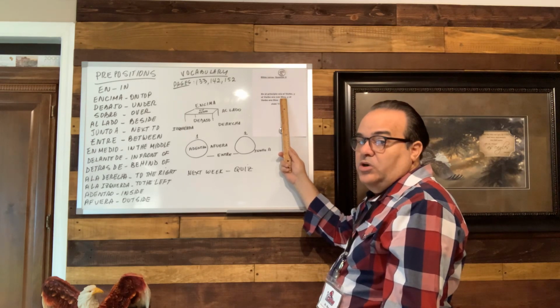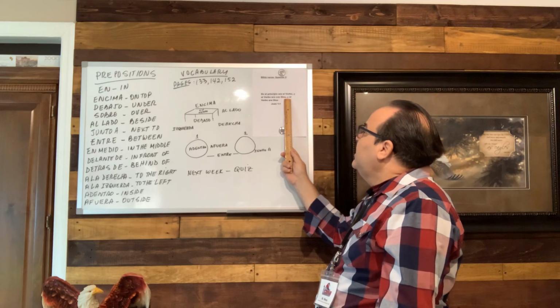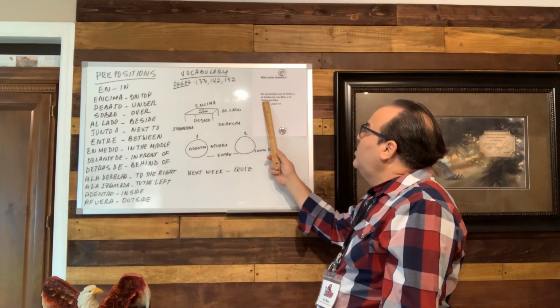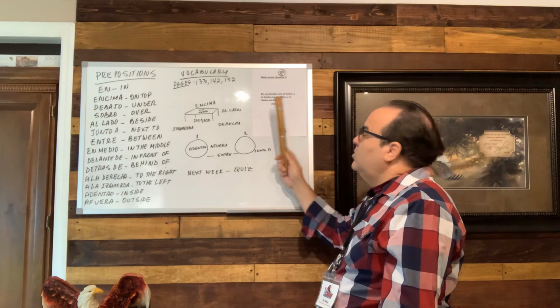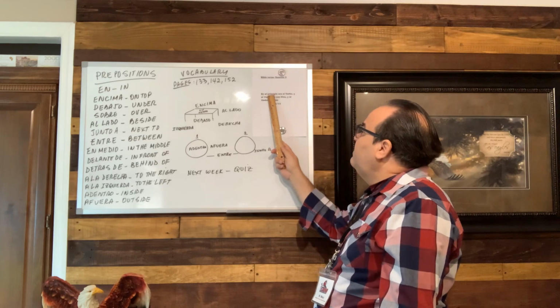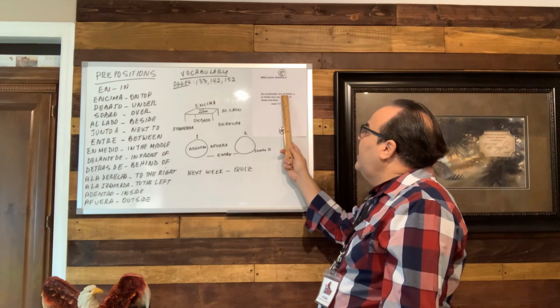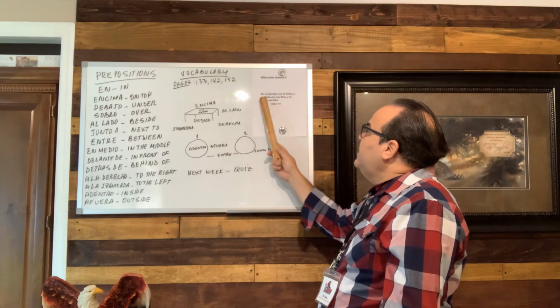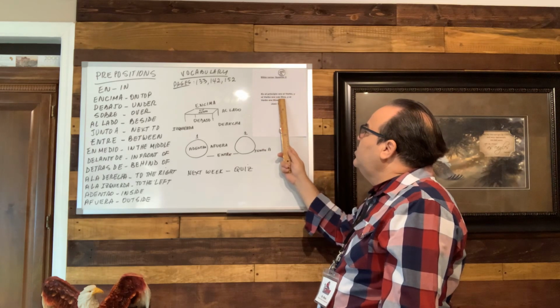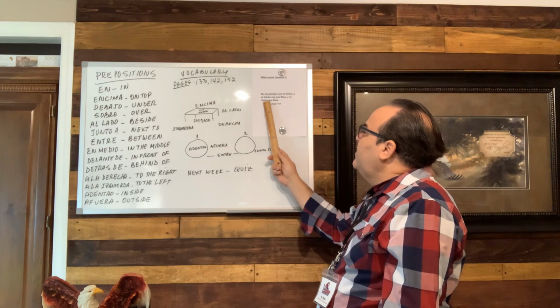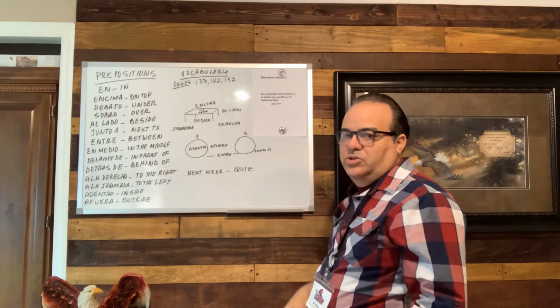Do you remember the word Dios? That means God. Y el verbo era Dios. One more time. En el principio era el verbo, y el verbo era con Dios, y el verbo era Dios.